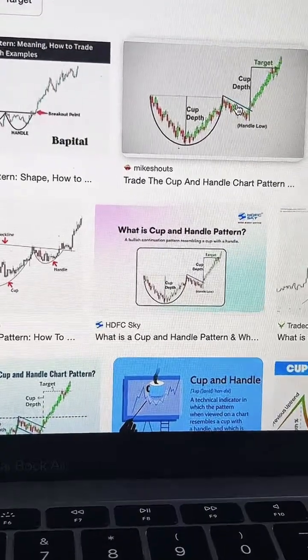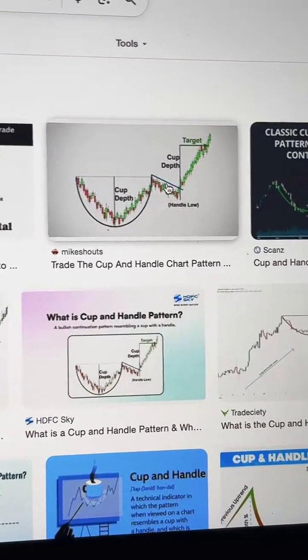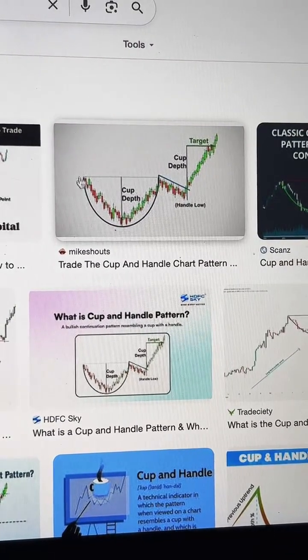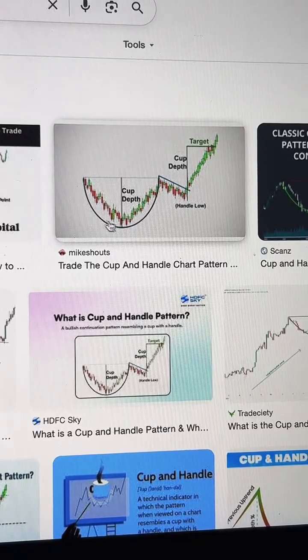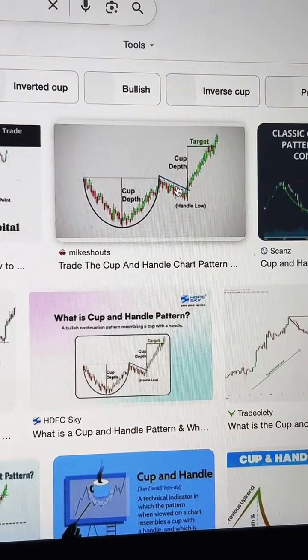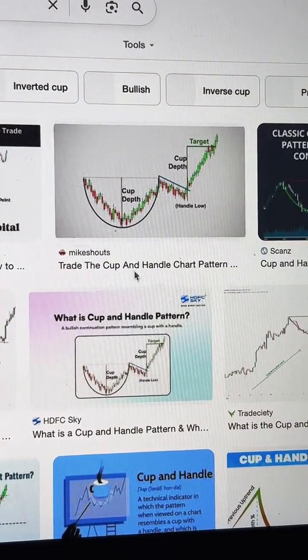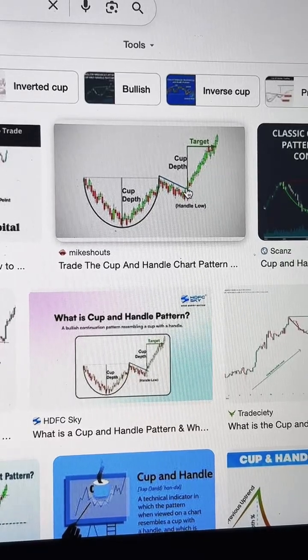Okay, let me zoom. So what cup and handle is, basically, is a pattern on the chart. You have your cup right here. This is your cup. This measures your depth. Like I said, this book goes over it a lot too, specifically how much the depth should be and where the handle should land, where it's a high probability that it's going to break out and stuff like that. So you have your cup and this is your handle.